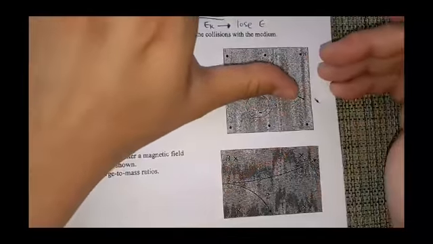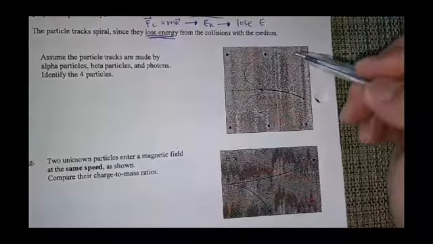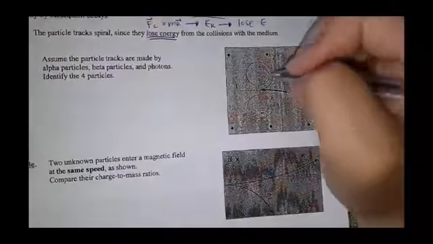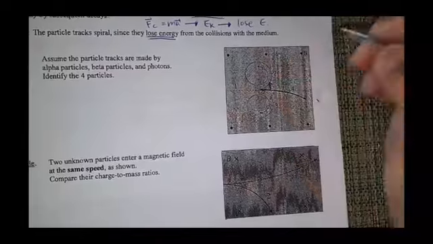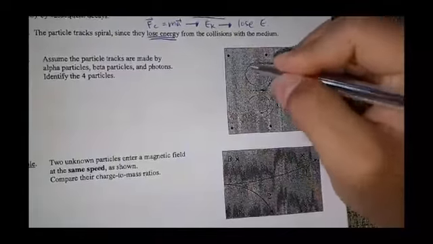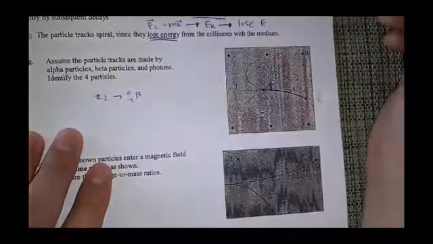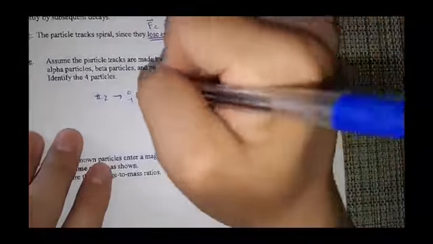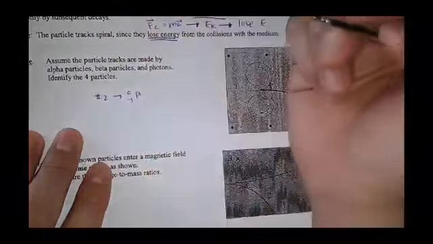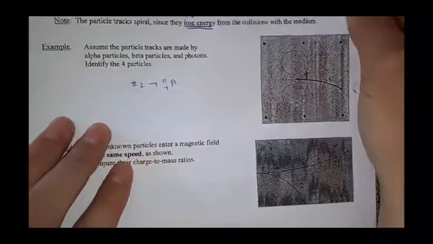Thumb represents electron movement and forefinger goes out of the page because that's what these dots represent. So my palm is facing upward. No wonder the force experienced creates the circle that goes up. So we know that number 2 is our beta negative particle or electron, if you will, highly energetic.